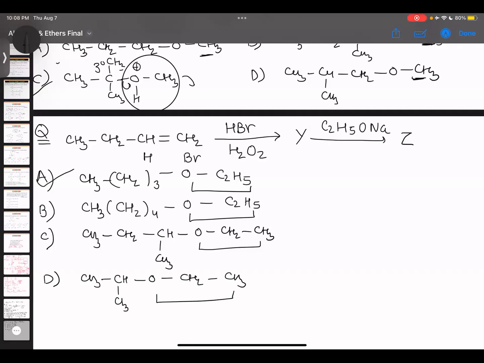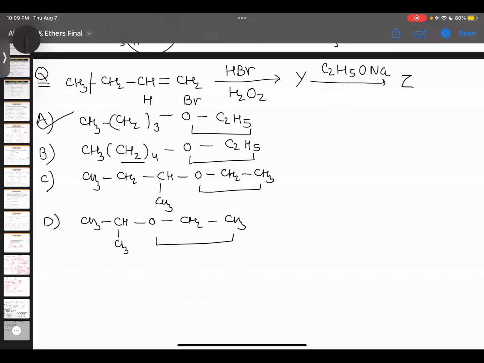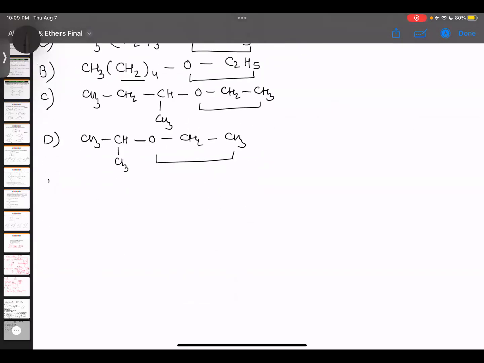But you need to count this as CH3. Normally we take this option, there are four CH2, and in total there are 5 carbons, that is not the answer. So option A is correct, right? These things you need to keep in mind while solving this problem.